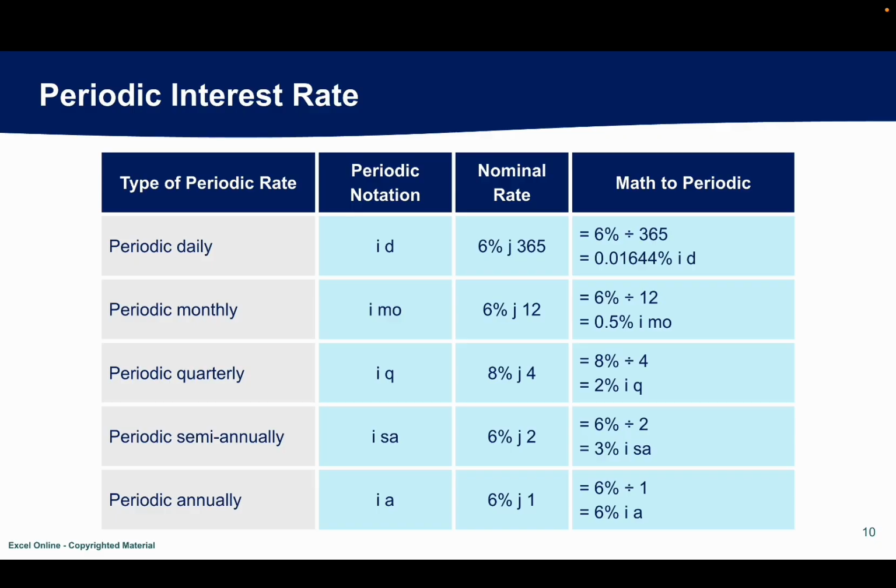For annual, the nominal rate and the periodic rate are the same. So going back to last slide's example, if 6% J12 is the nominal rate, we take the 6% and divide it by 12 to get 0.5%. 0.5% is our periodic rate, or 0.5% IMO.